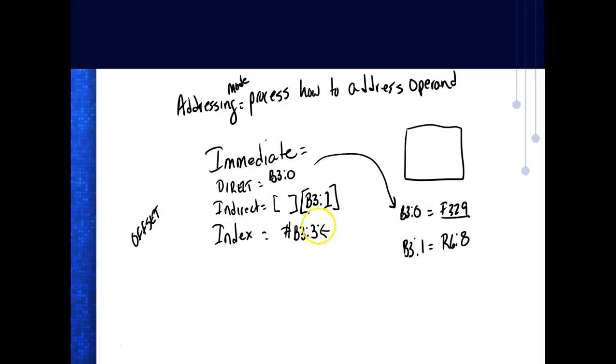Okay, so this right here tells us we're using indexed addressing, right? And then this right here is the offset. The next one gets pretty complicated. What's this called? Index indirect.